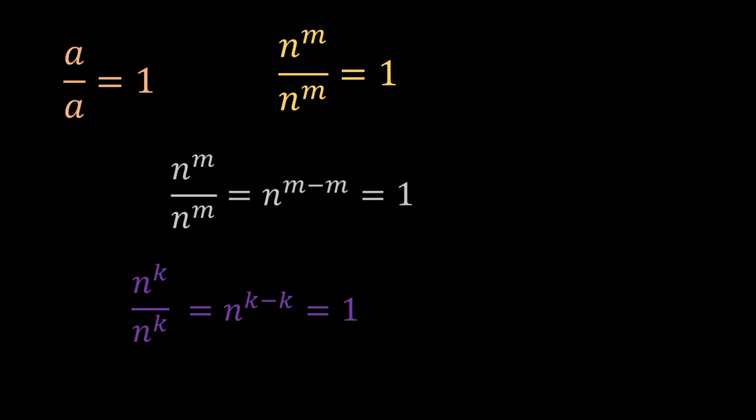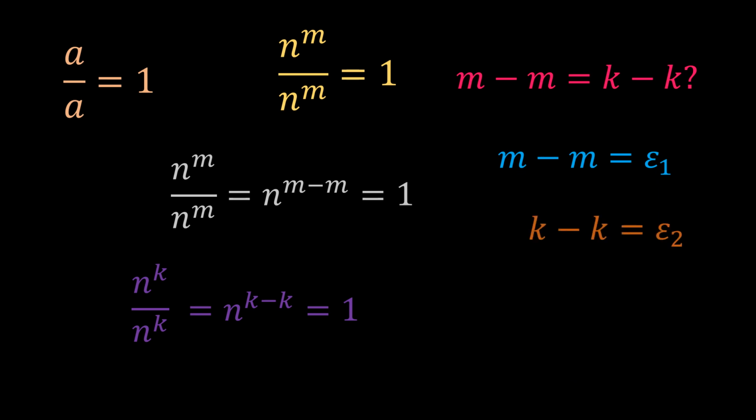So does this mean m minus m is equal to k minus k? Of course not. Remember that the two operations will not leave the same residue, even though whatever they leave behind is fit to be called 0. That is, m minus m is equal to epsilon 1, and k minus k is equal to epsilon 2.